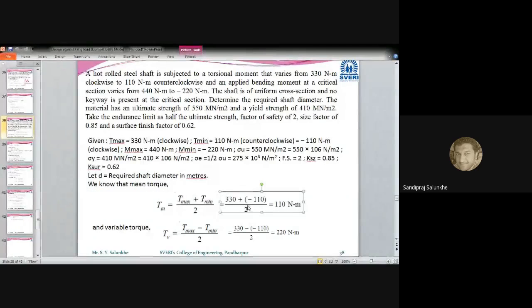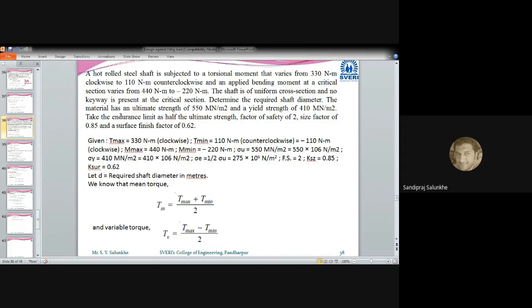Okay, so let's start. A hot rolled steel shaft is subjected to torsional moment that varies from 330 Newton meter clockwise to 110 Newton meter anti-clockwise.